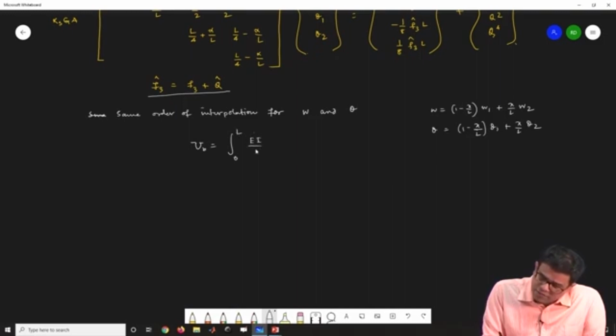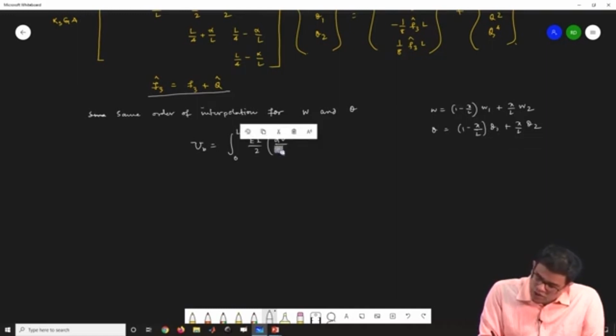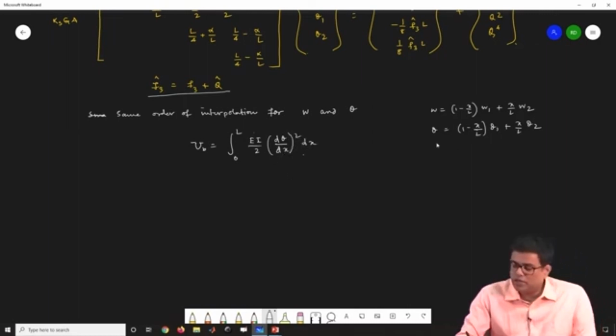But I will evaluate the bending strain energy as I did before, that is EI by 2 times d theta dx whole squared. Now d theta dx will be constant, because this is a linear interpolation.